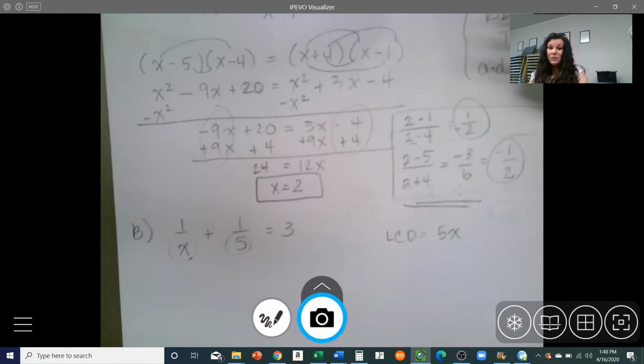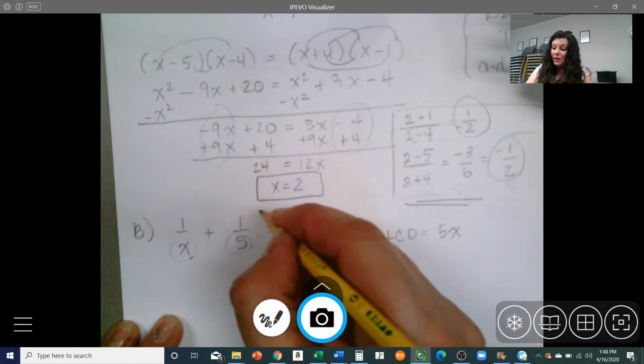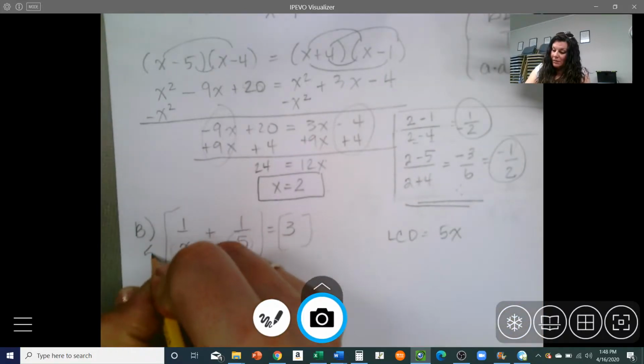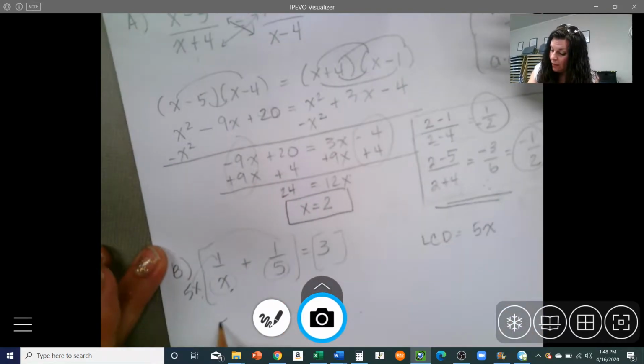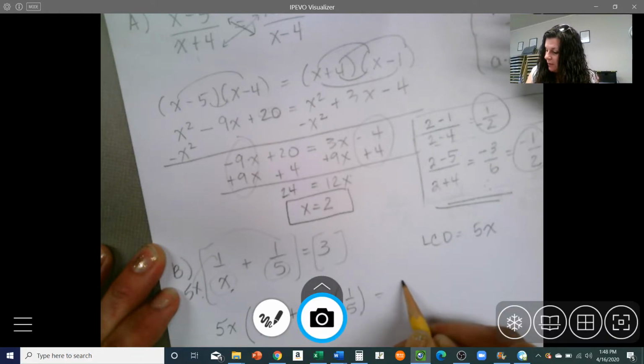And I have to multiply it by both sides. Remember that this is a side and this is a side. So when I multiply this side by 5x, I have to distribute it. So I have 5x times 1 over x plus 5x times 1 over 5 equals 5x times 3.